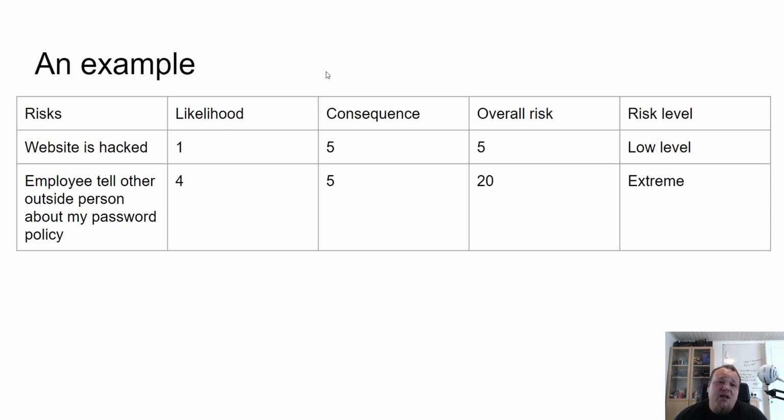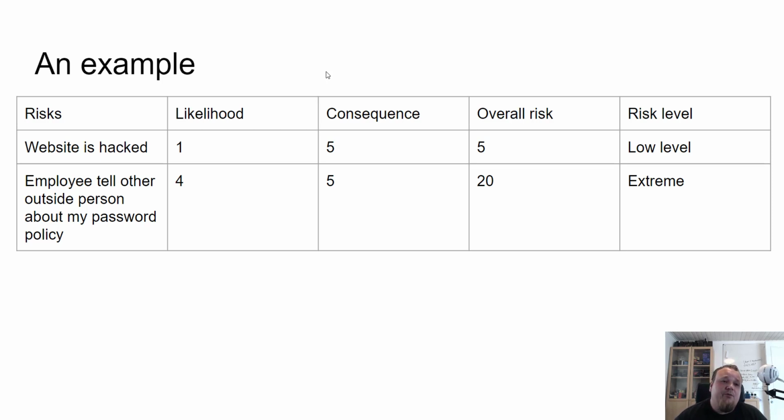So maybe someday you will gossip about that you just created a new password policy, which basically means that all your passwords need to be within 10 to 14 characters containing at least this and that, and maybe there are some static rules to creating that password.